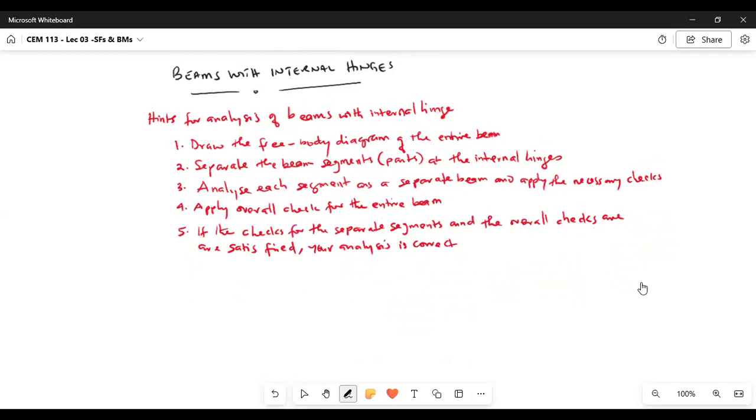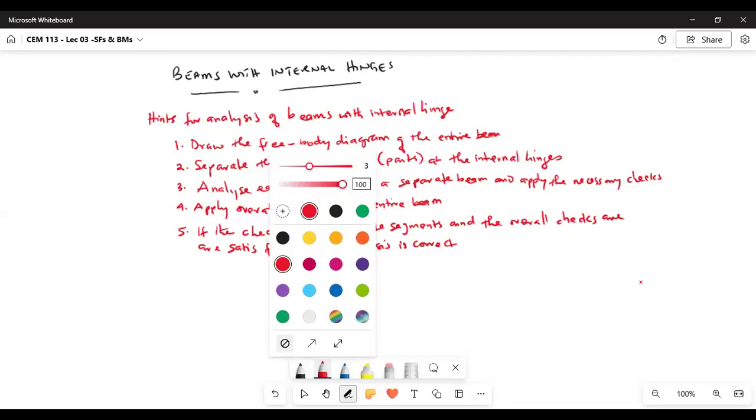Now, so just for illustration purposes, if you have a beam with internal hinge, for example, let's consider a beam like this.